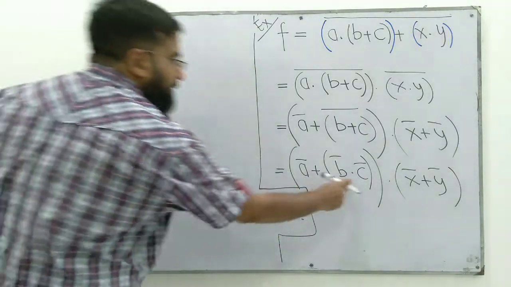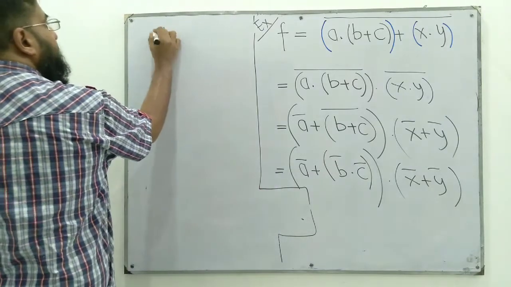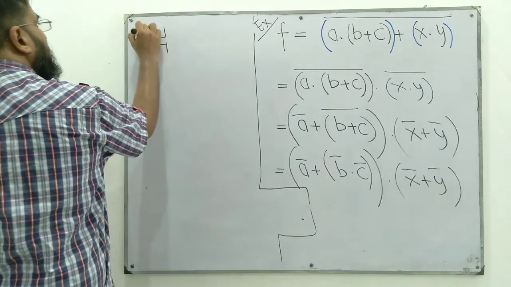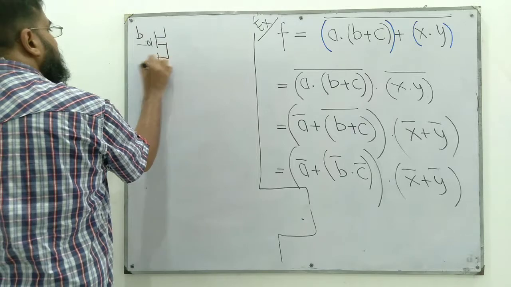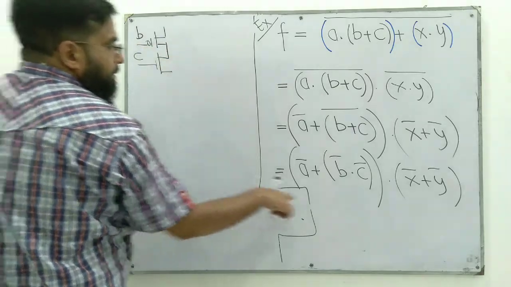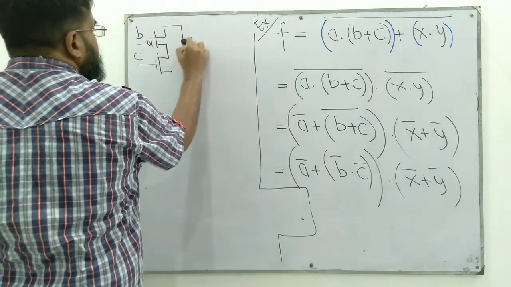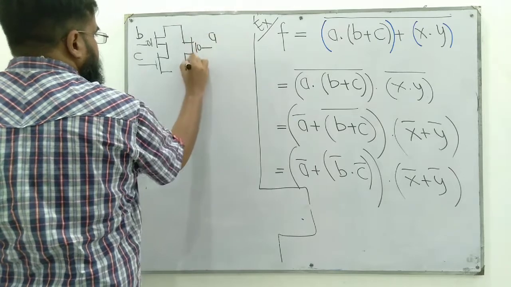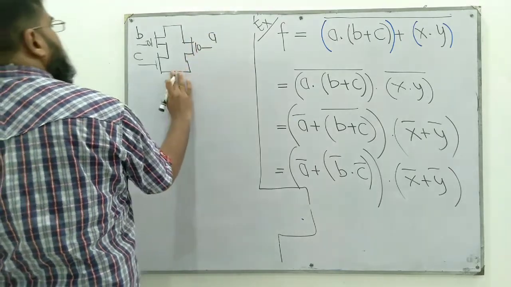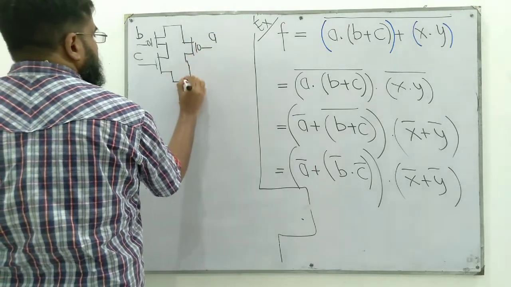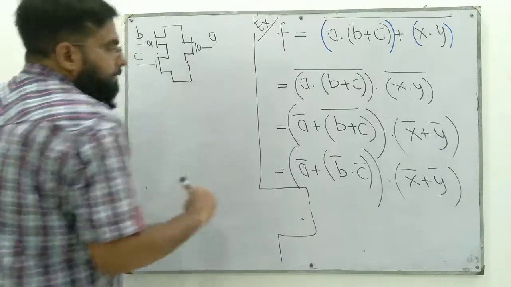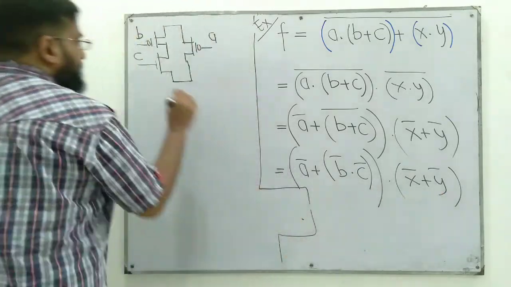The PMOS array says we have to first implement this B and C, then ORed with A, and then ANDed with this OR.